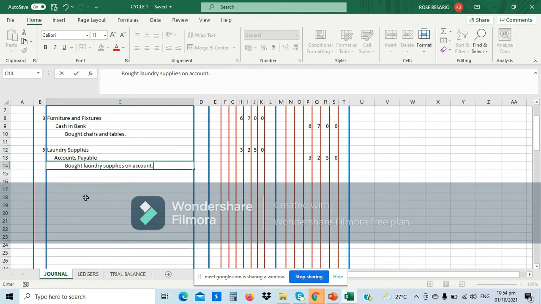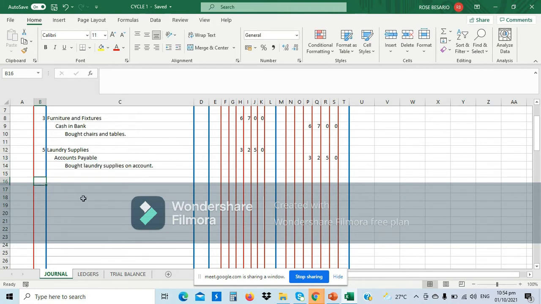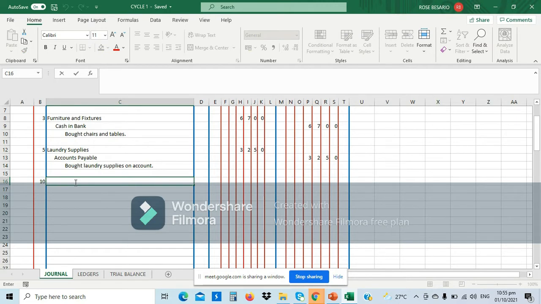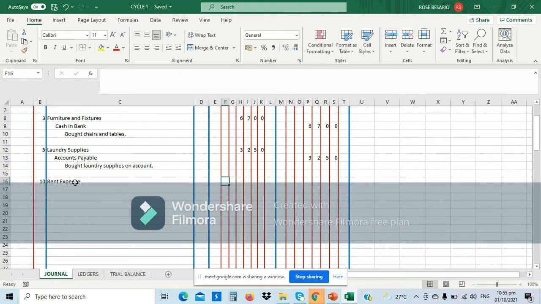Okay, then leave one space. We have May 10. The transaction is paid rent for the month, 5,750. So we debit rent expense, 5,750.